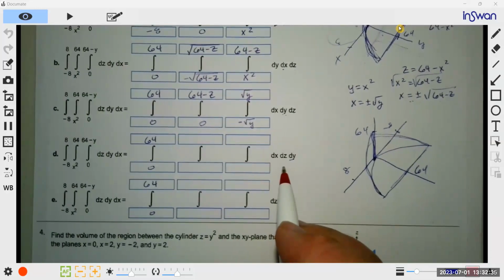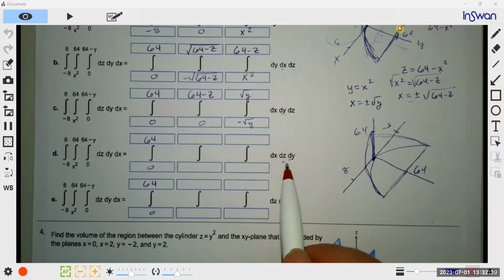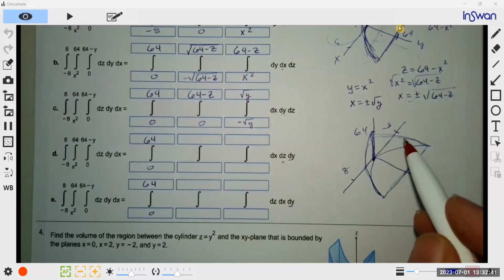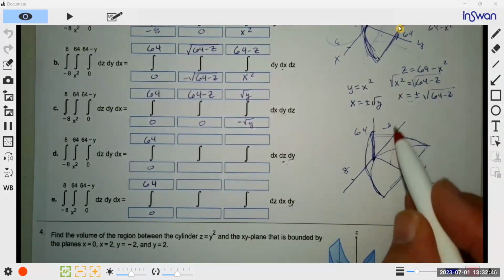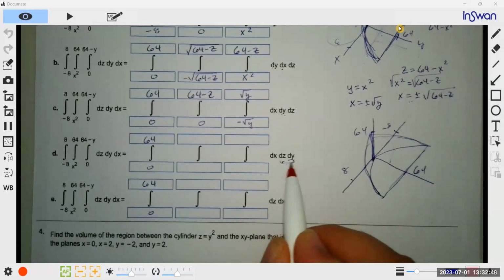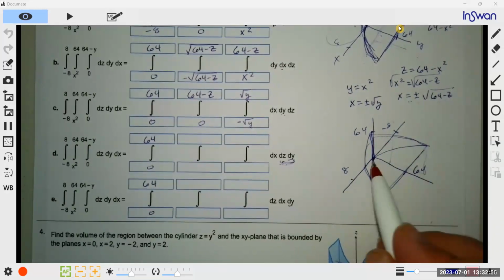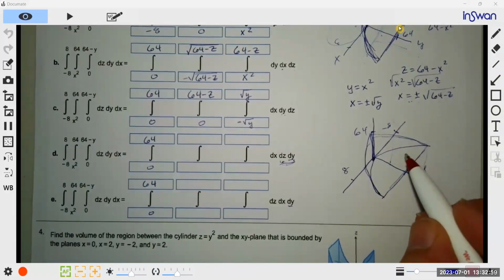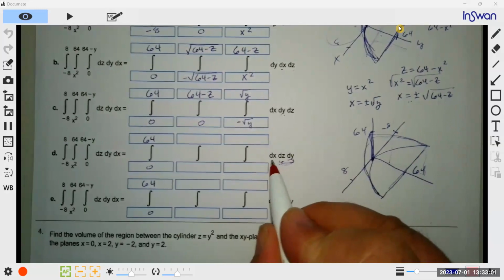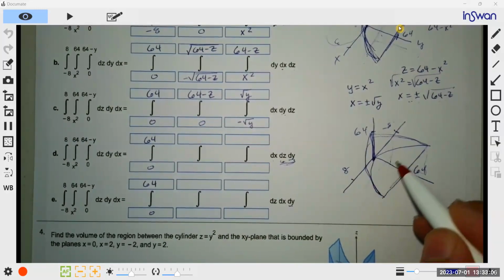So now for the next one, we look at in terms of dz. So we want it to be parallel with the z. So if we do a purple, remember the shadow is on the zy axis, which is this one back here. So to find the dx, it's got to be perpendicular to it.